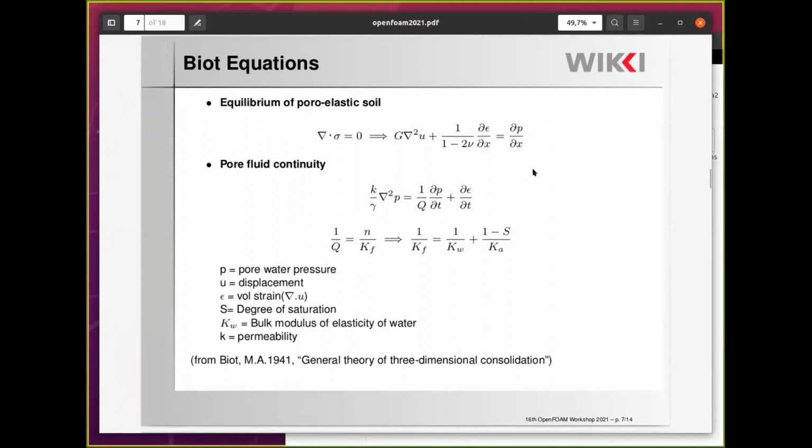And second is pore fluid continuity. For the pore fluid continuity, the Laplacian of the pressure depends on the volume change due to the compressibility effect and the volume change due to the changes of the soil skeleton. Epsilon represents the volumetric strain, and 1/Q represents the compressibility effects.